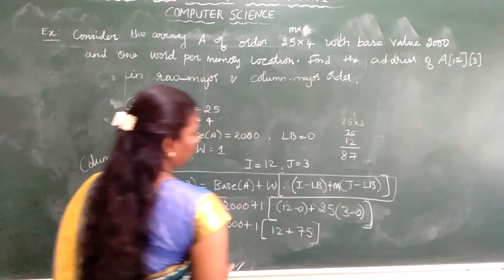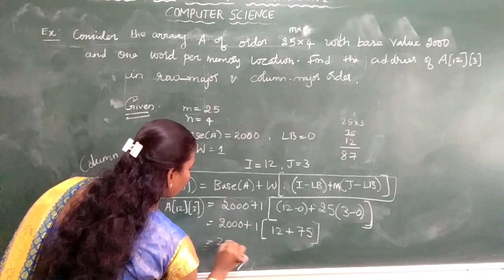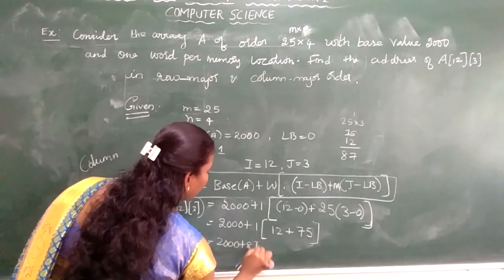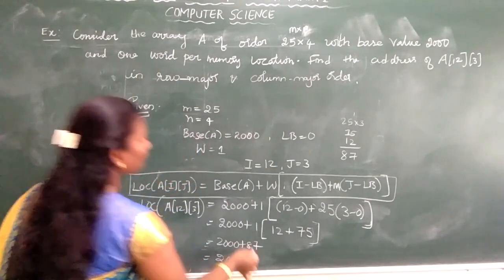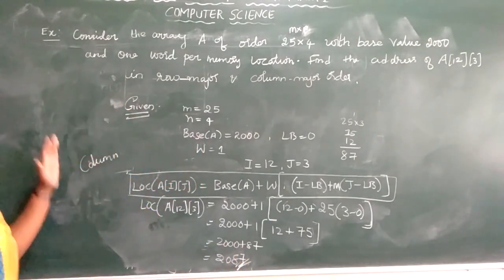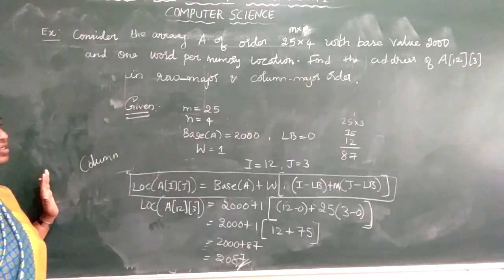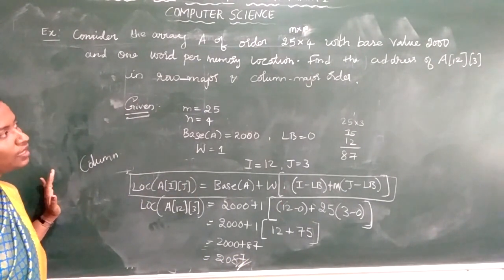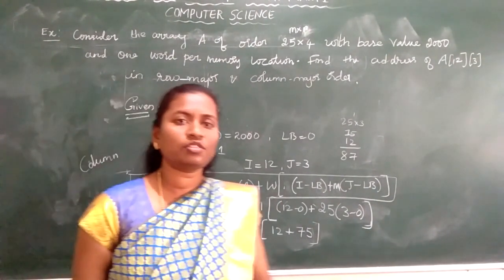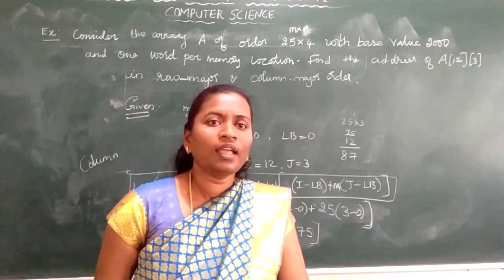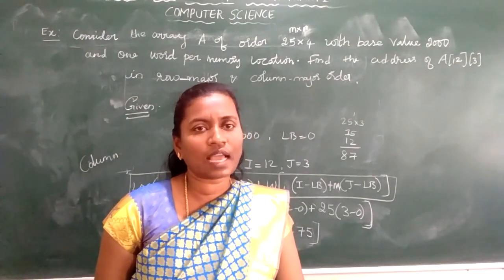So we have 2000 plus 87 is nothing but 2087, which is the answer for your column major. This is about your row major and column major. Next we will discuss the advantages, disadvantages and applications of arrays, and we will wind up. Next session we will discuss about stacks.